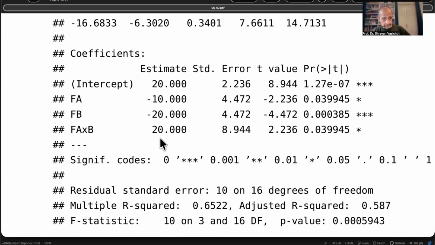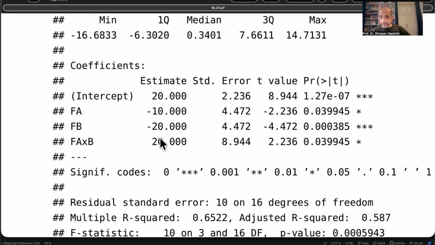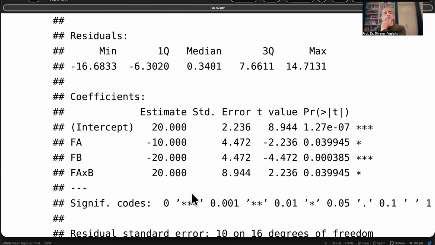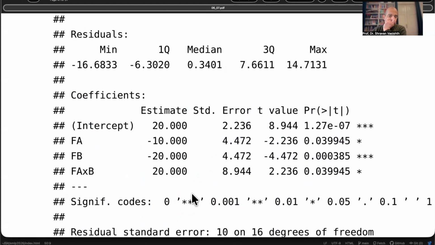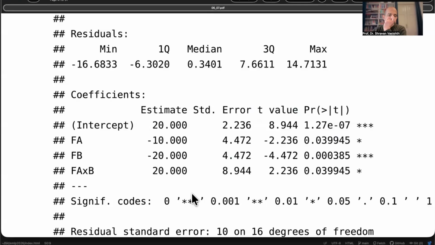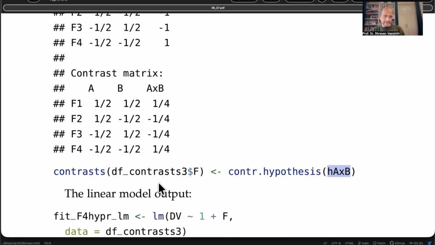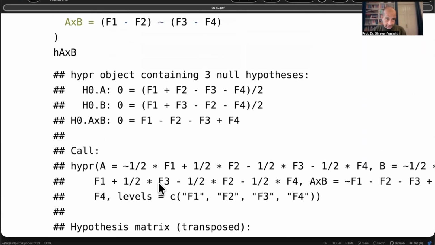Right, so I'm getting everything back, except there might be a difference here. These numbers are twice as large as the preceding models that I had fit.